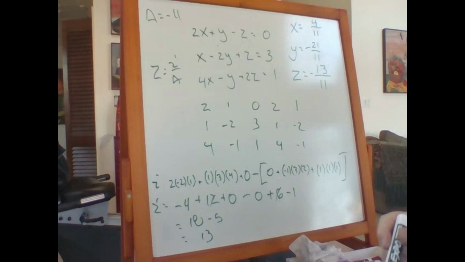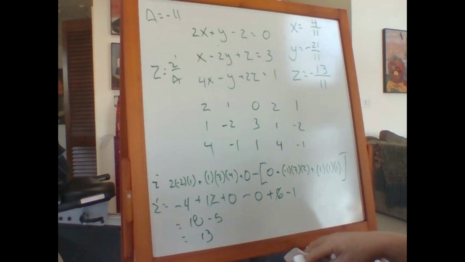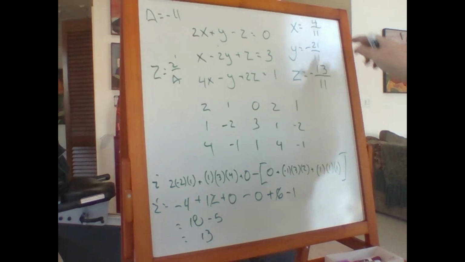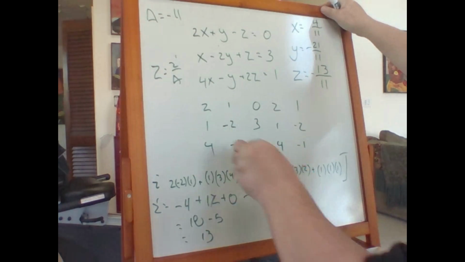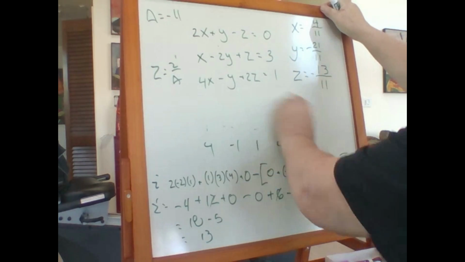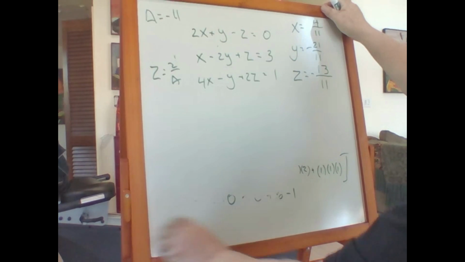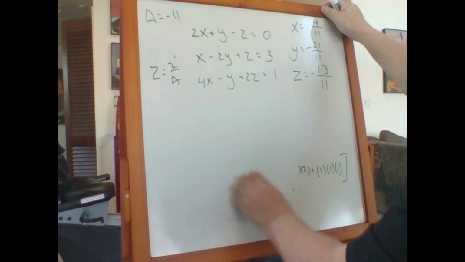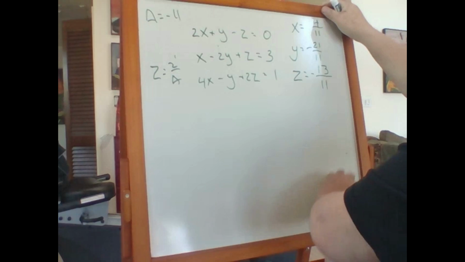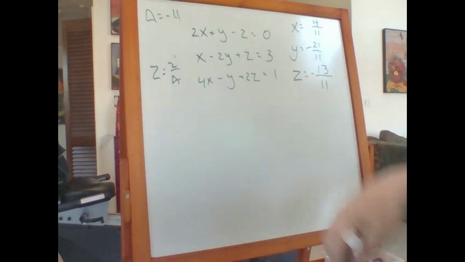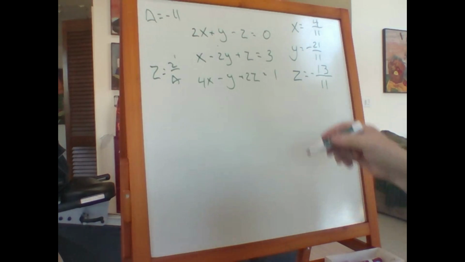And now we got all three answers. You see how matrix math made the solution of a very complicated system of equations simple for us to solve. And if we plug these back into the original equation, we'll find that these will yield the answer we want.